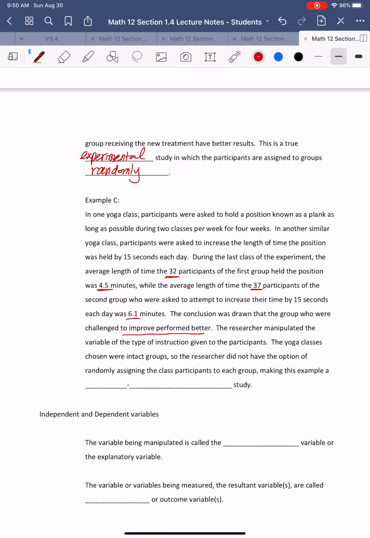This makes this example a quasi-experimental study. Even though they have two groups, the researchers did not get to choose which participants go to which group, because the groups already existed.